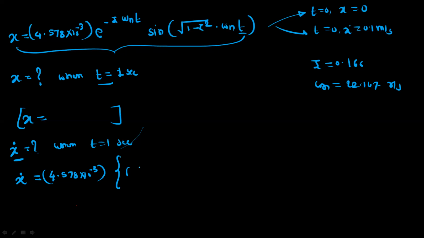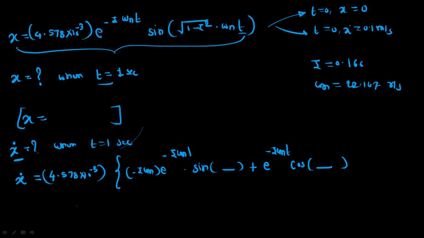So first term is minus zeta omega n e raised to minus zeta omega nt, and this is a constant term, plus, now this is a constant term, e raised to minus zeta omega nt, and sine its differentiation will be cos.